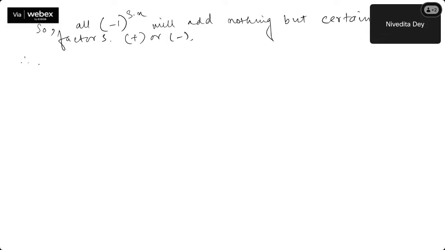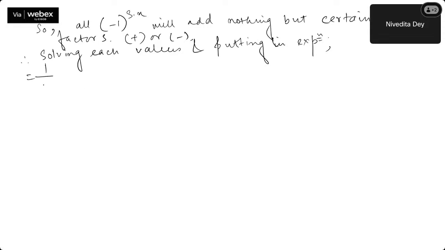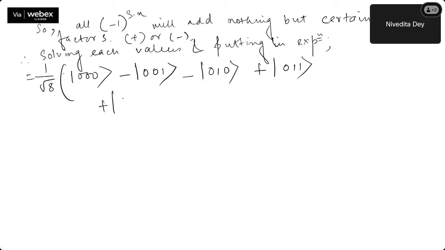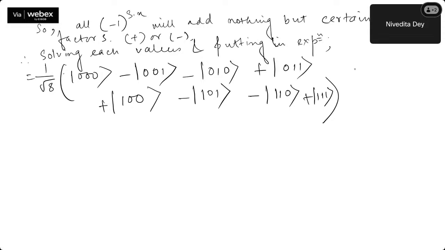So after calculating from the earlier expression, by putting in the values and solving, we get 1 over root 8 times ket 000 plus, minus ket 001, minus ket 010, plus ket 011, plus ket 100, minus ket 101, minus ket 110, plus ket 111. This entire thing we will be given.